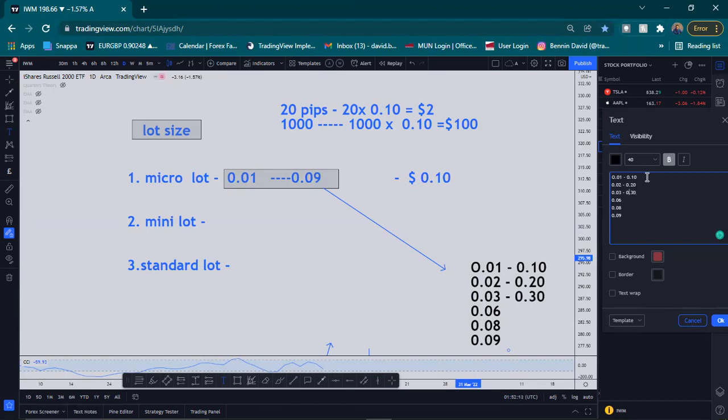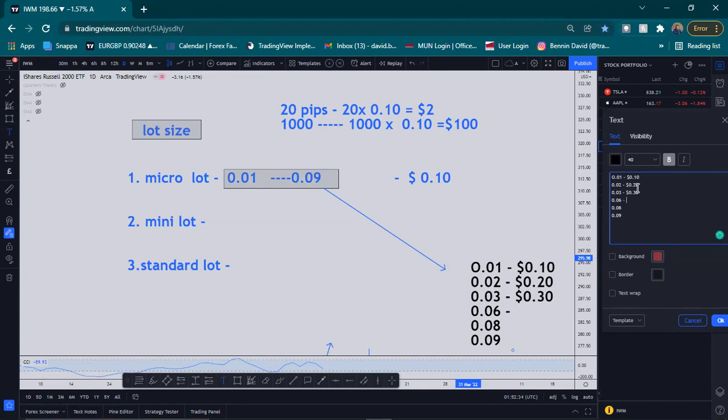Let me put the dollars here. This is the value of one pip.